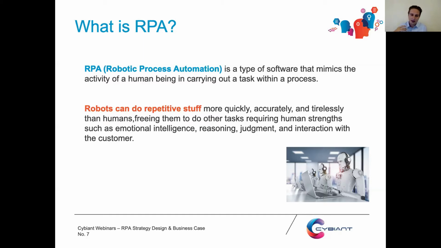So now that we know and have seen a little bit about the definition, these kinds of robots are most suitable to do repetitive stuff. And with repetitive stuff, we mean things that need to happen in an organization over and over again.